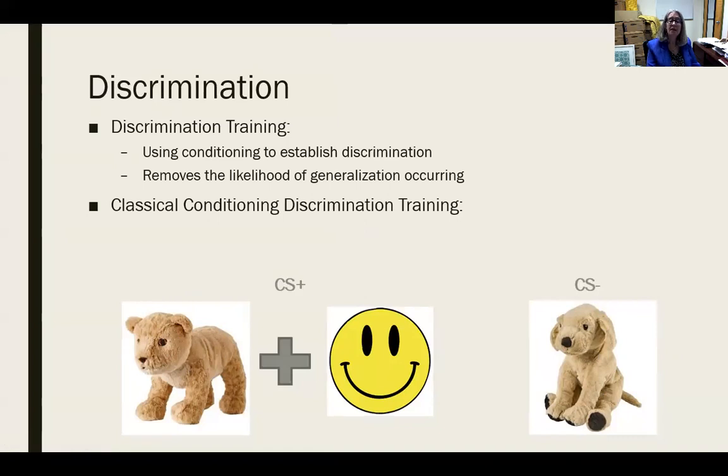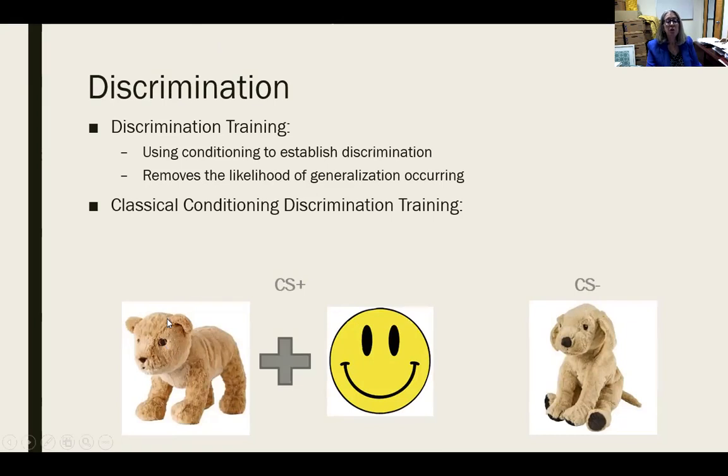But if you want the child to be able to discriminate between the two, what you can do is, whenever you present this stuffed animal, present something positive. It could be this sticker with a smiley face on it that leads to pleasure for the child. So this is your US that's leading to the unconditioned response of happiness or satisfaction.